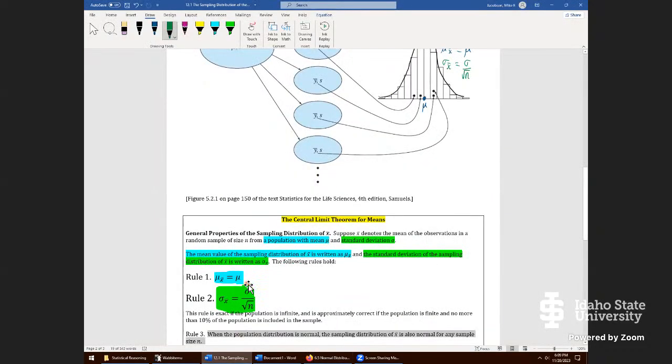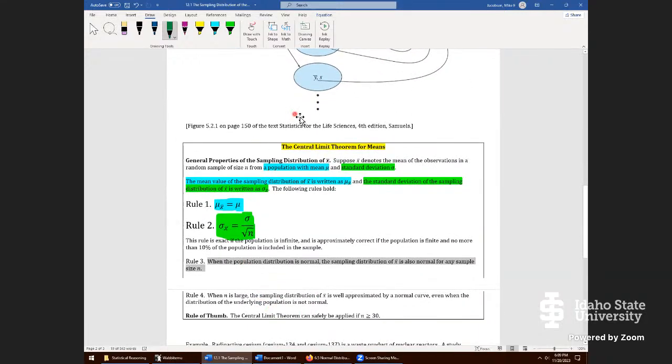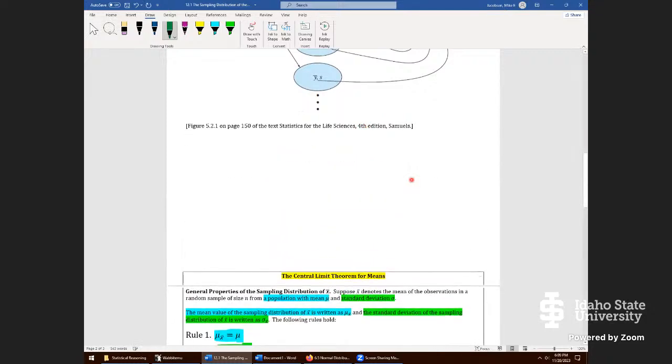So going back to this document, it's saying when the population is distributed normal, that's a huge problem for us. That means rule 3 only works for mathematical problems exactly. Real life doesn't have exactly a normal distribution. So that takes us to rule 4. That one fell off the page. Let me put it back down here.